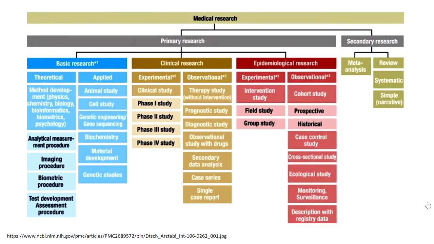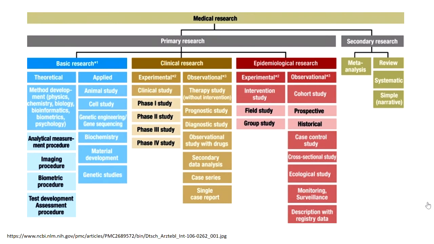So this is a picture that I took from an article that goes over experimental design to show, in medical research, the various levels of research. So you have primary research, and primary research is any time where you are physically collecting data yourself. Whereas secondary research is where you're doing a review of other people's research or a meta-analysis of other people's research, but you're not actually doing the experiment yourself.